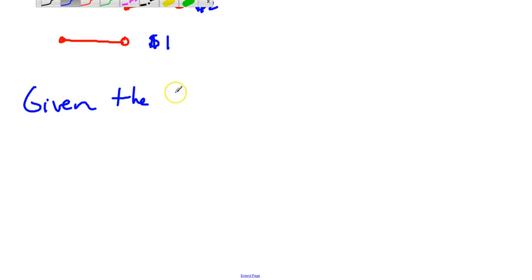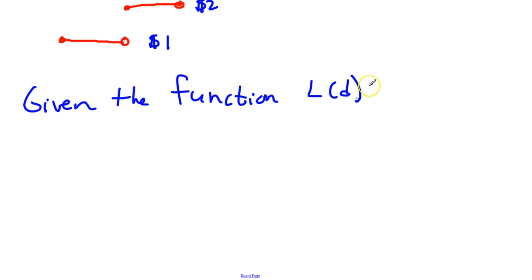Sorry, let's do it this way. Instead of the equation, we're going to make it a function. You're given the function. Again, they just start throwing out different numbers, different letters at you when you're going through this part. And maybe it's L of D, and maybe it's equal to 135 minus 5D.